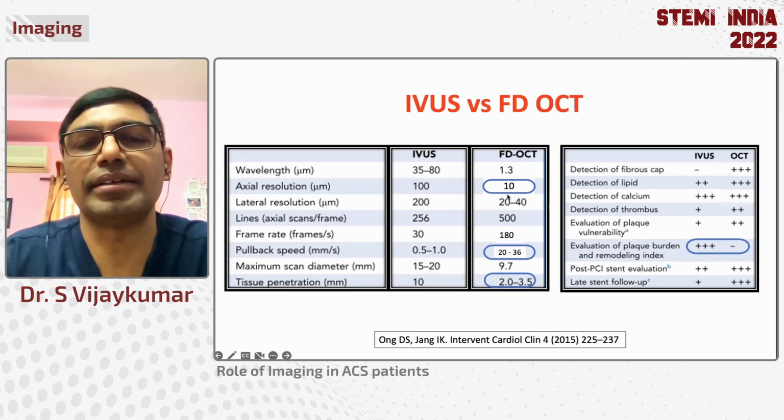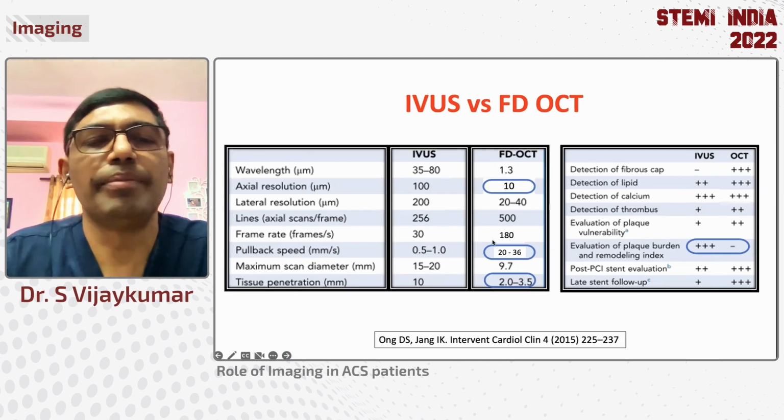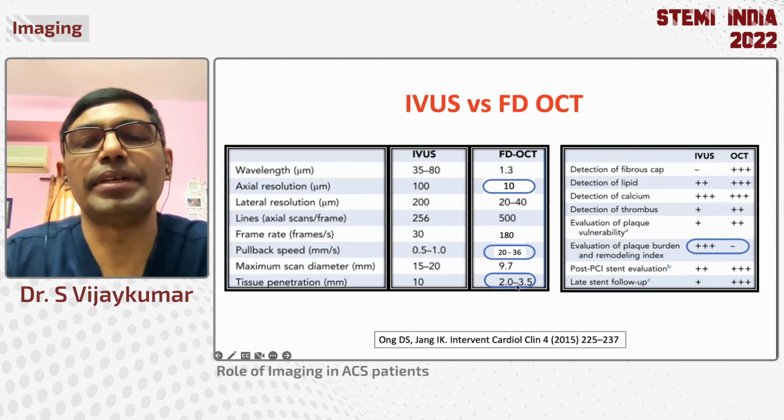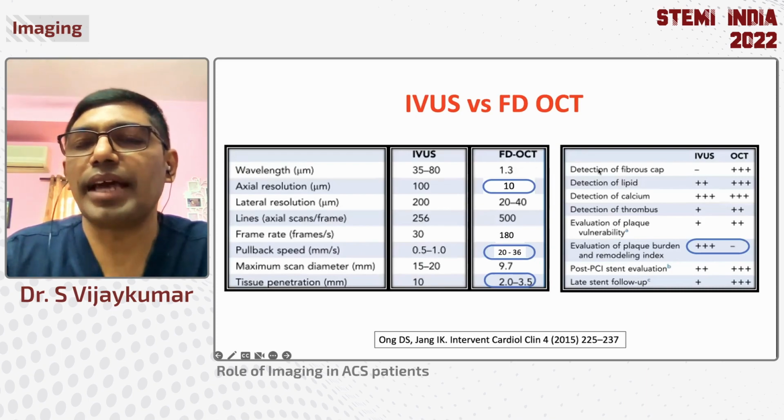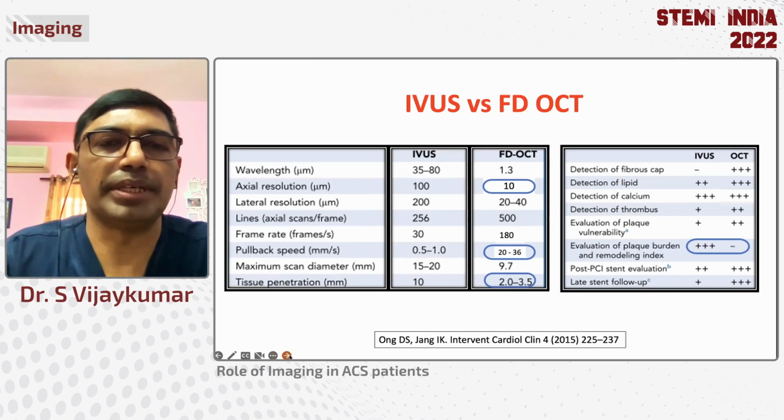That means 10 micron resolution, much closer to that of microscopy. However, it has limited penetration. You can see only about 2 to 3 millimeters into the vessel wall, in comparison to IVUS, where you can see about a centimeter. For various aspects of atherosclerosis characterization, OCT is much better than IVUS, except for plaque quantification because of its poor penetrability.